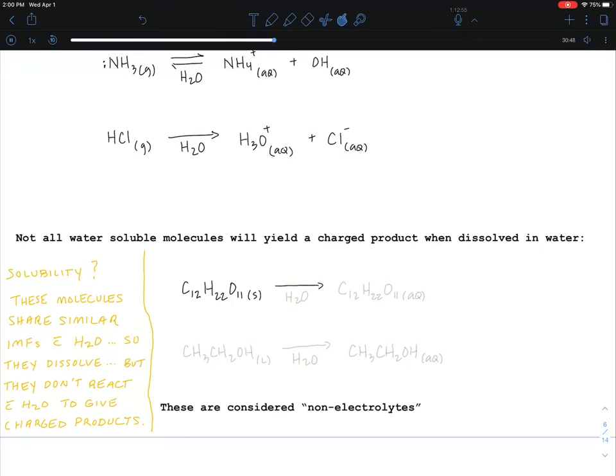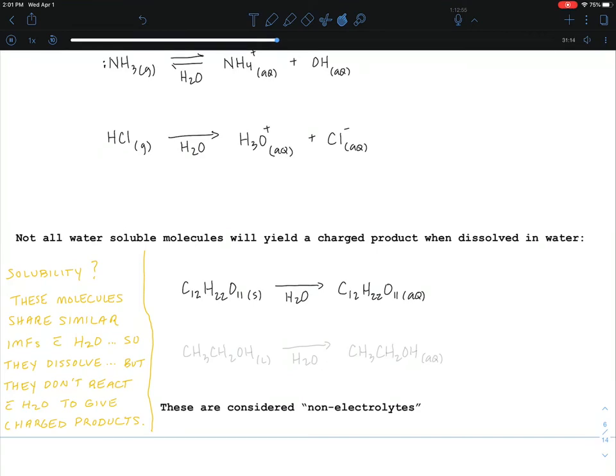It's not wildly soluble in water at room temperature, but it is soluble, right? What do I get out the other side? Well, I'm simply just going to get some wet sugar, right? But there's no charge on that particular species.